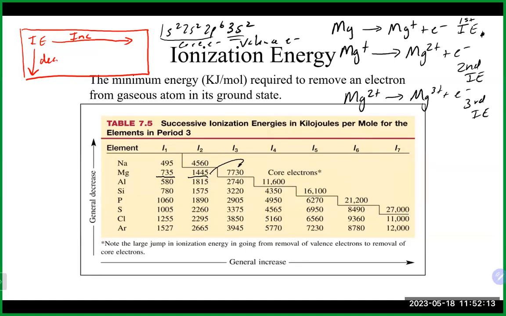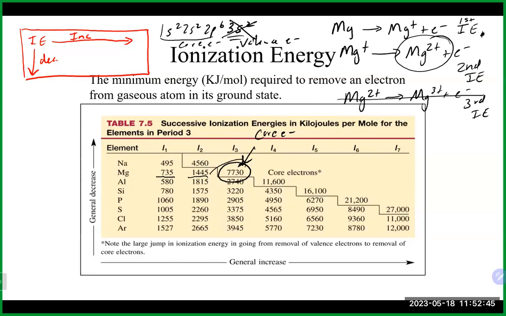As we remove the first one, it gets a little hard to remove the second one, but the second one will come off as well because it's a valence electron. When we then try to pull off that third one, we are now into our core electrons, which is not going to really happen. That's why magnesium pretty much stops at a +2 charge, because after that you're pulling into the core electrons, which energy-wise is not effective to remove.